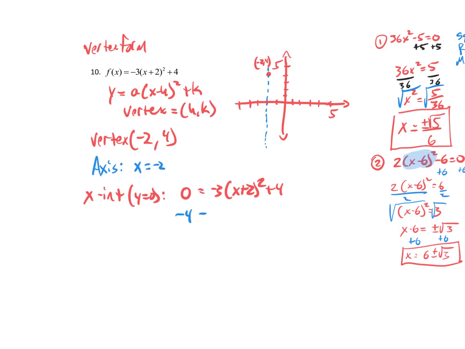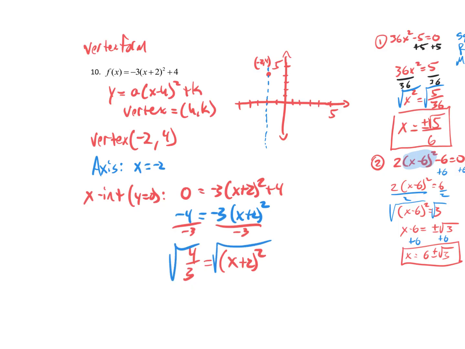We get negative 4 equals negative 3 times x plus 2 squared. Divide by negative 3 on both sides. We get 4/3 equals x plus 2 squared.